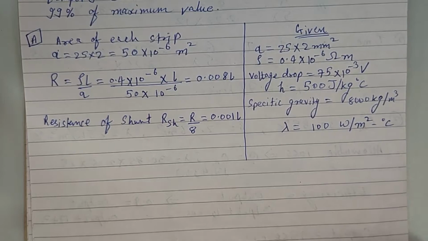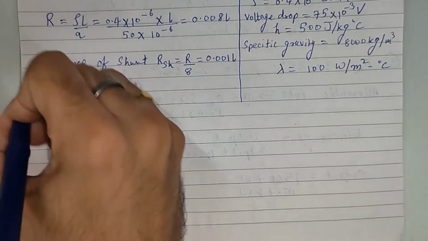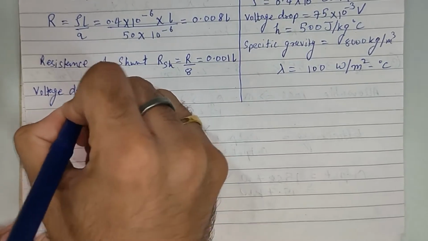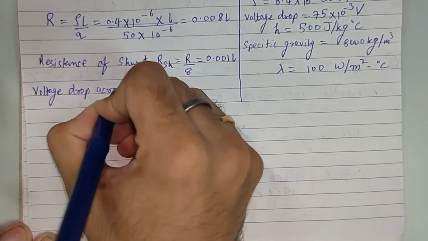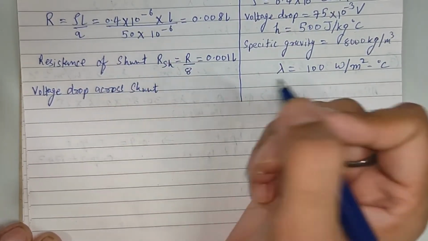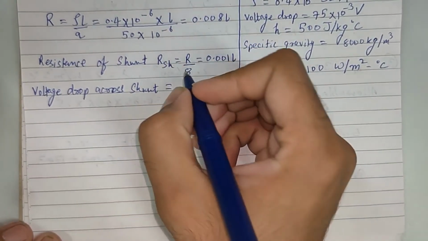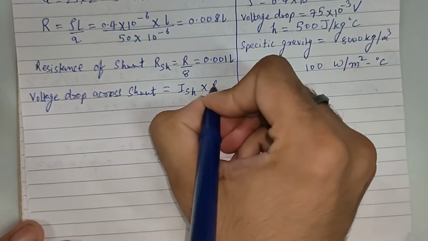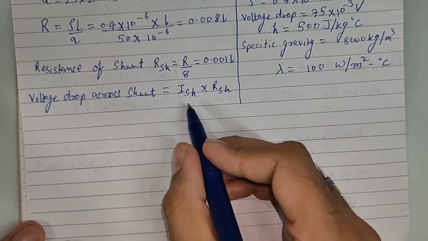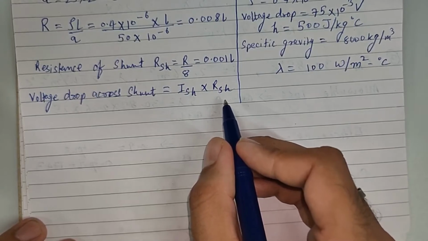Moving ahead, we also need the voltage drop across the shunt. So the voltage drop across my shunt is given by, now we all know the formula for the voltage drop across shunt, which is nothing but ISH into RSH, where ISH is the current through the shunt winding and RSH is the resistance of the shunt winding.